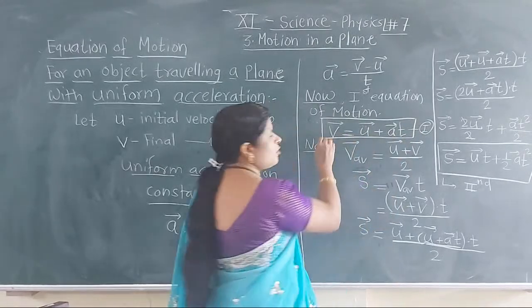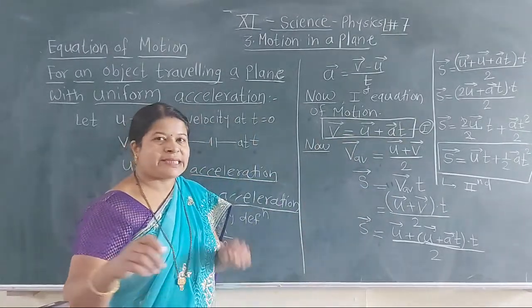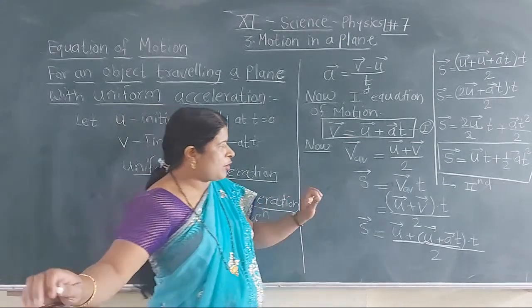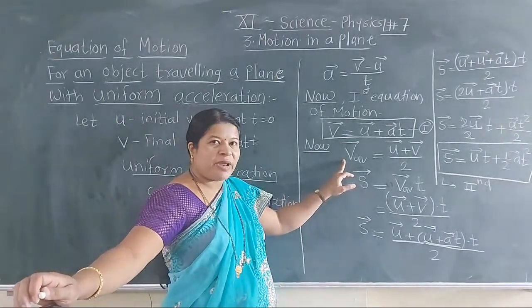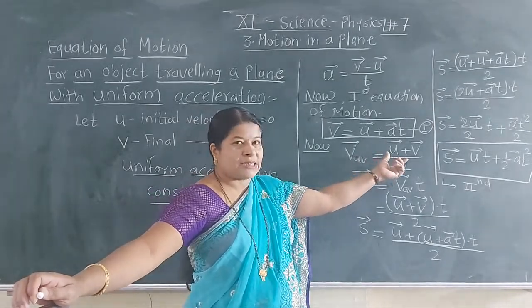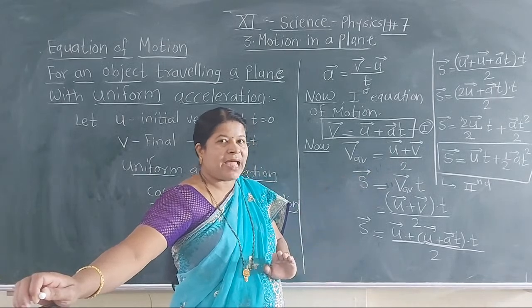Now we have to prove the second equation of motion in 2 dimensions, and therefore we take the average velocity. And we know the average velocity is the mean of 2 velocities, initial and final.